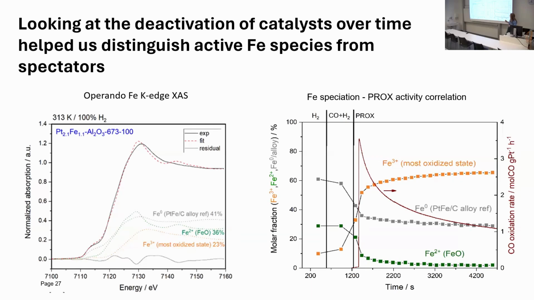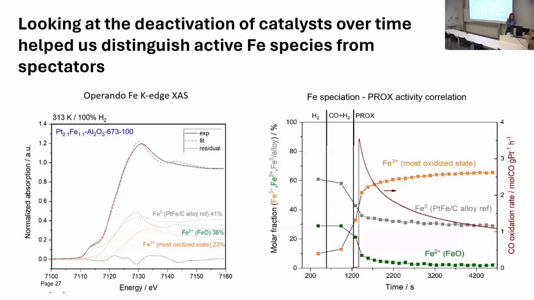And then with the catalyst, there is initial deactivation and then reaching steady state activity. We were looking exactly at this part of the experiment to try to understand which iron concentration correlates with activity, because from each XAS spectrum we could decipher the fraction of each state of iron.